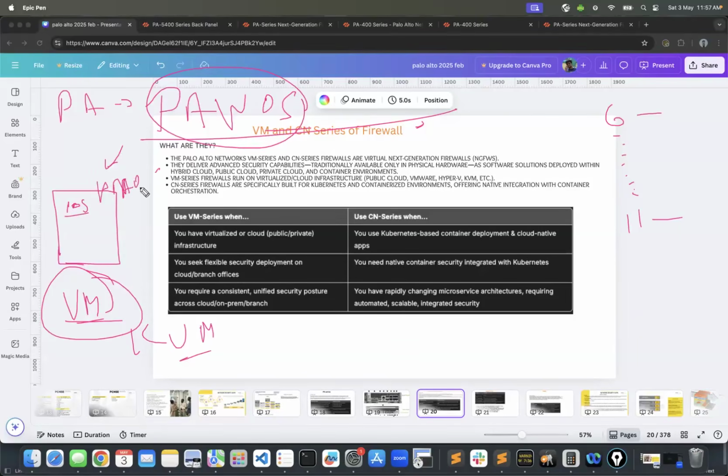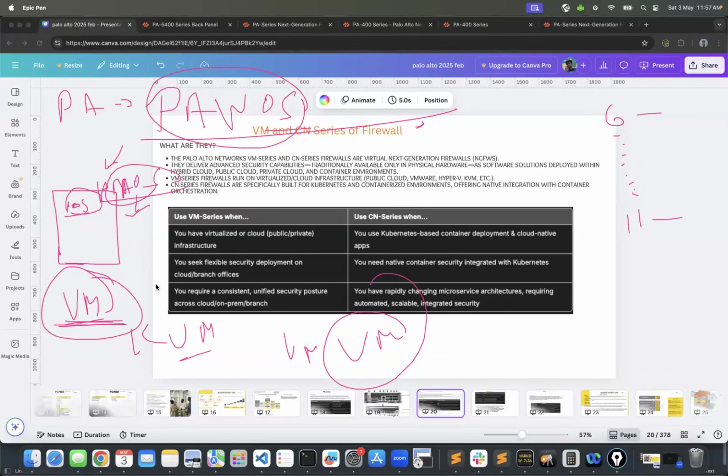So if you select the PAN OS as the software, that VM series will act as a virtual firewall, a VM firewall. If you install a PAN OS in a virtual machine, and you can use any kind of virtual machine, hundreds of virtual machines are there.